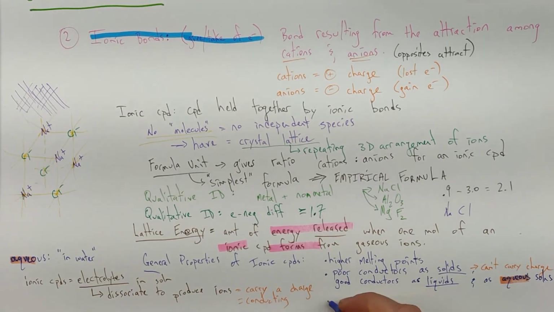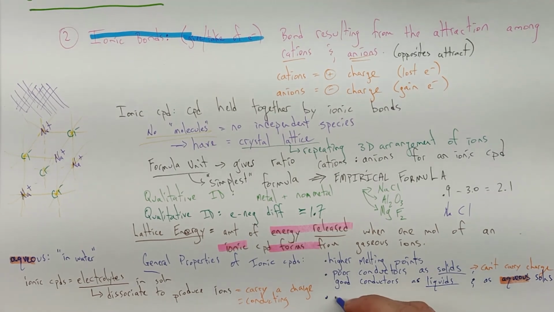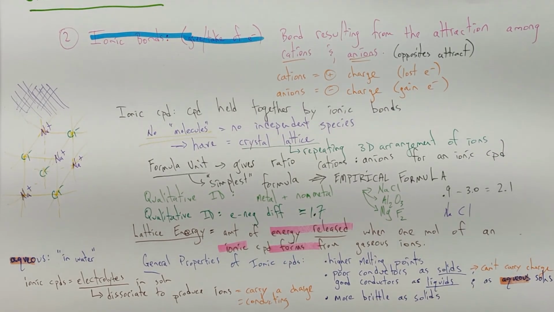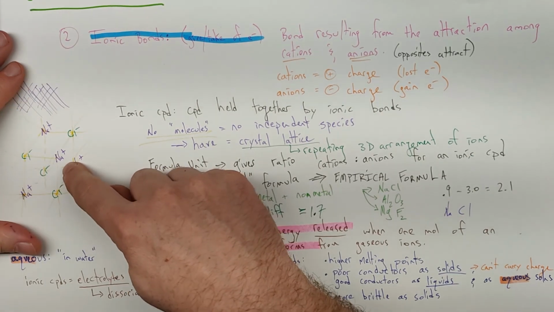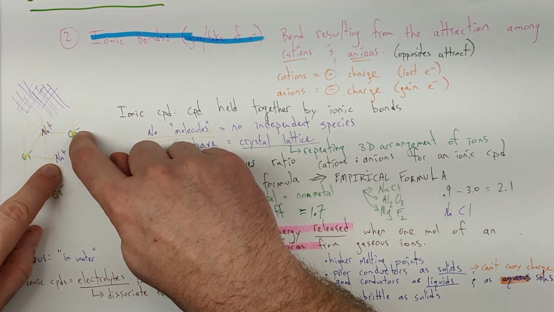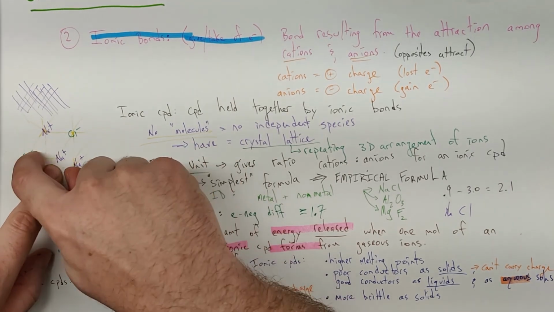All right, very interesting bit of semantics, but I think it's kind of neat for us to just toss out there as an eye-opener. And then the last thing that we had mentioned was in terms of brittleness. They tend to be more brittle as solids. All right, and if you're wondering why, it's because there's a force balance taking place here. This sodium is attracting this chlorine, but it is repelling this sodium and attracting this chlorine.